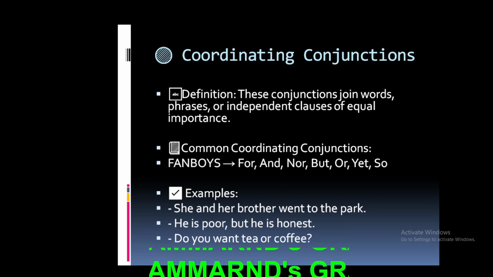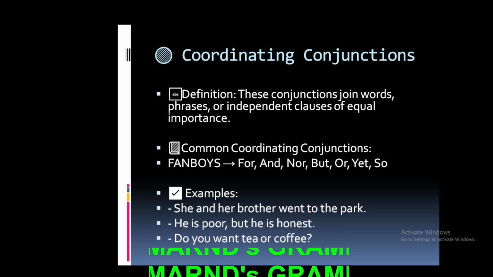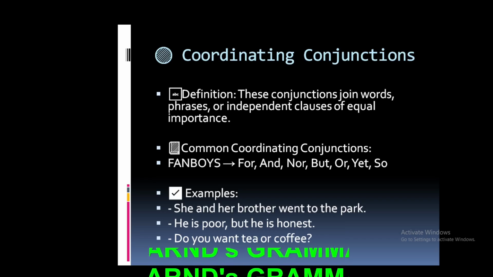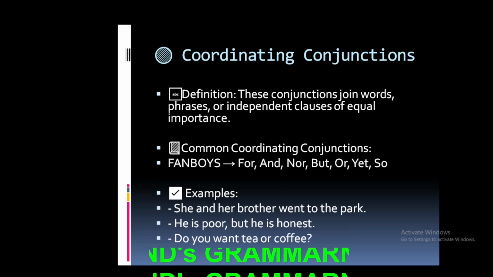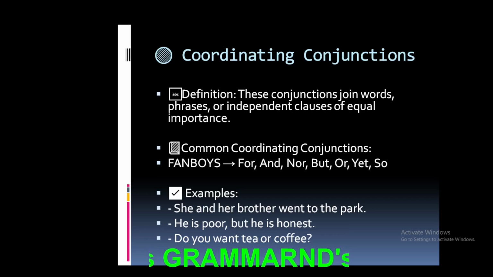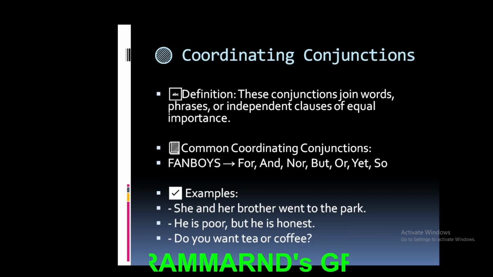For example, if it is a subject verb object pattern, then both the sentences will be subject verb object pattern, and they will be joined by coordinating conjunctions. And there is a common formula to keep in mind for the children.